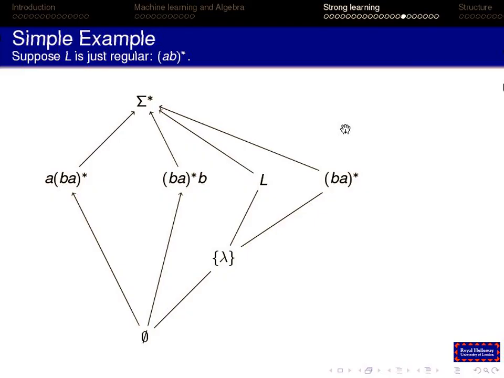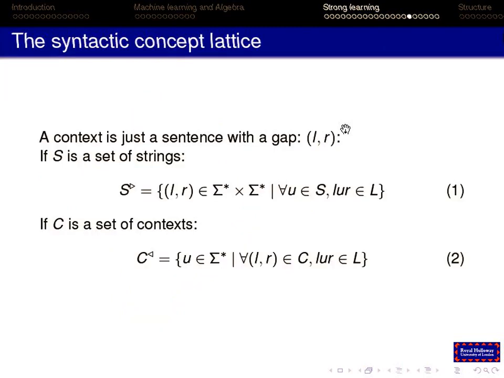So if you have any context-free grammar that generates this language, we can apply the morphism to it, map each non-terminal to one of these 7 symbols, and get a grammar that defines the same language but using these symbols. Okay, so this is how to define the syntactic concept lattice.